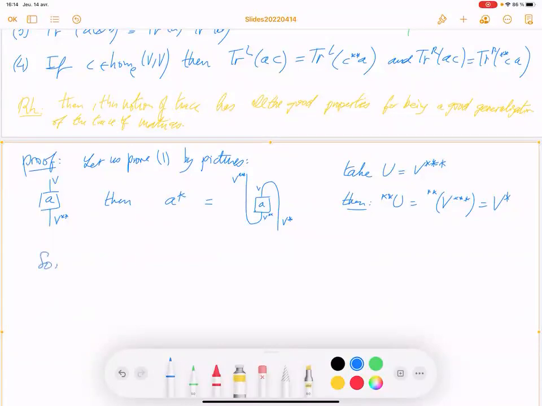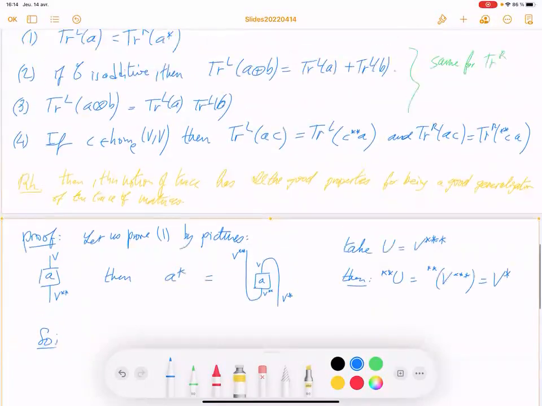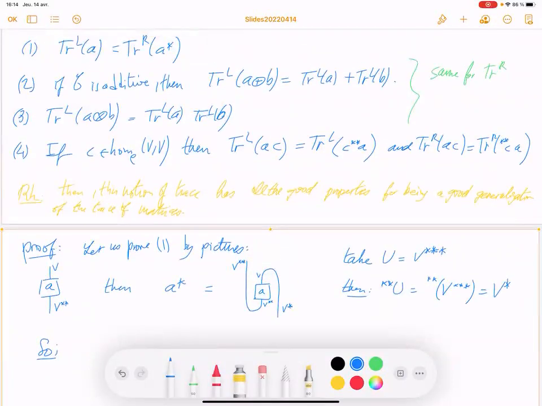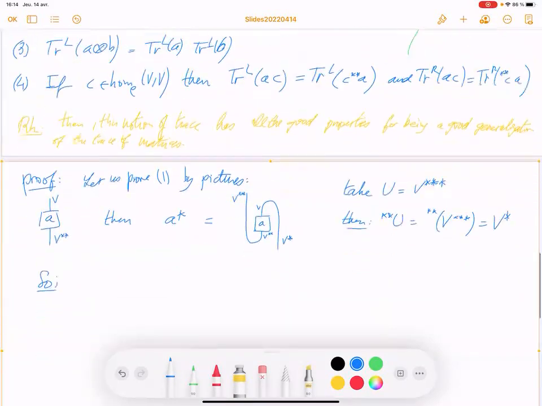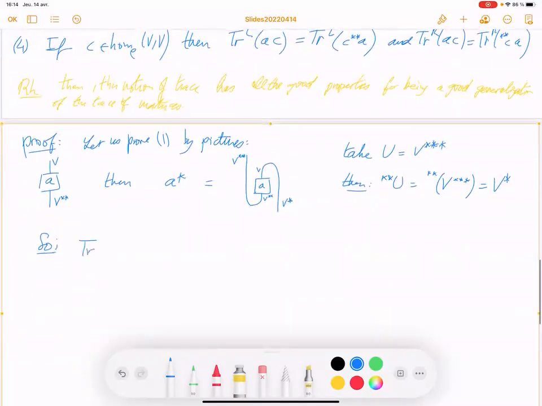So now you can apply the right trace, because for the right trace you need a right dual. So the right trace of A star is, so you have A star, and now you have like that.